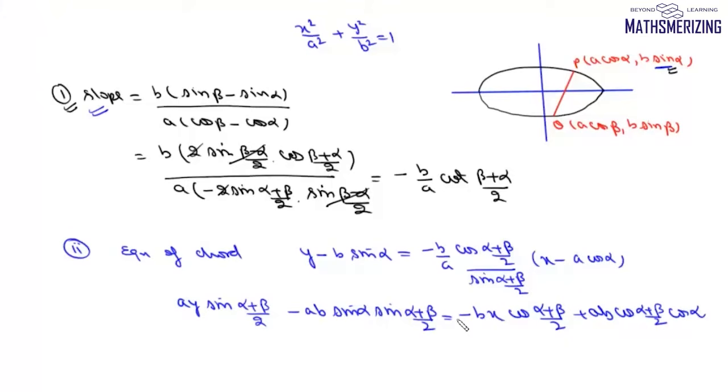Now we'll take this x on the left hand side and we'll take this ab sin alpha plus beta by 2 on the right hand side.